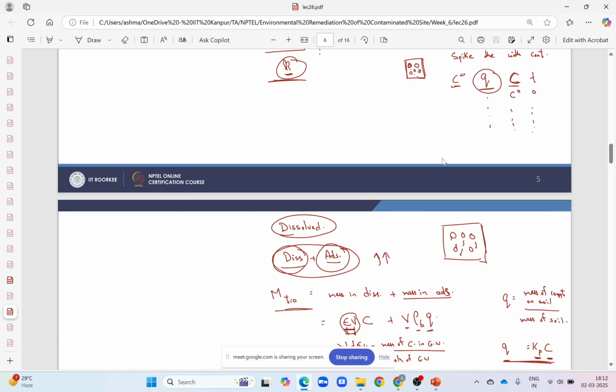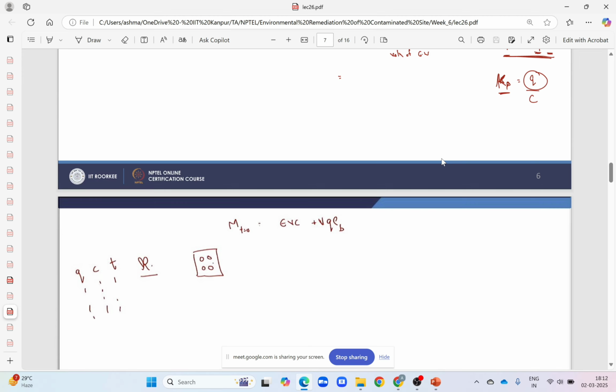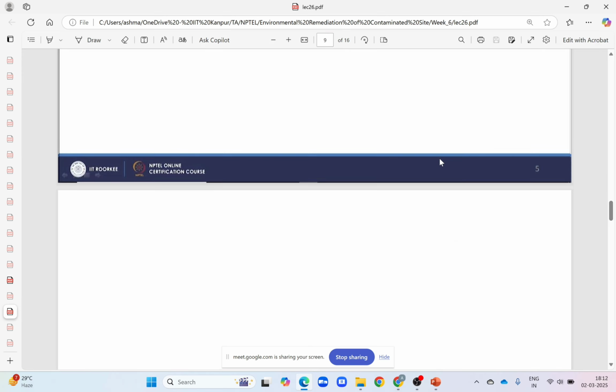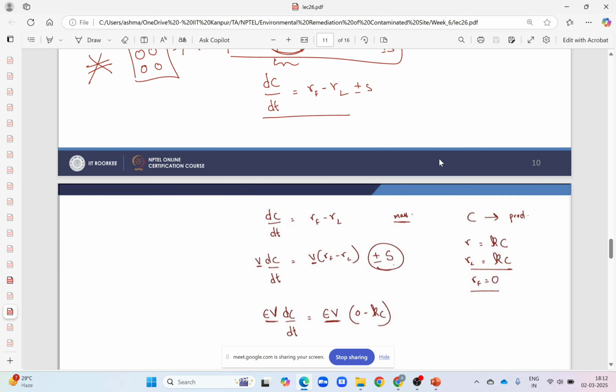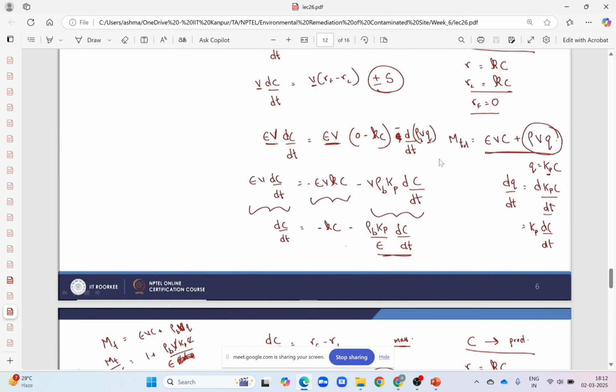So from here the derivation of the formula based on adsorption and advection starts. Please go through these derivations in the lecture video. So let me directly go to the final equation.